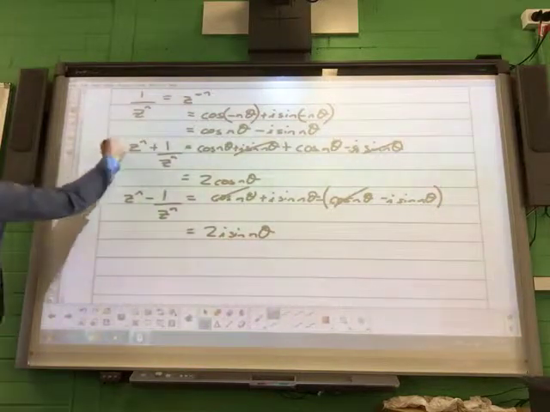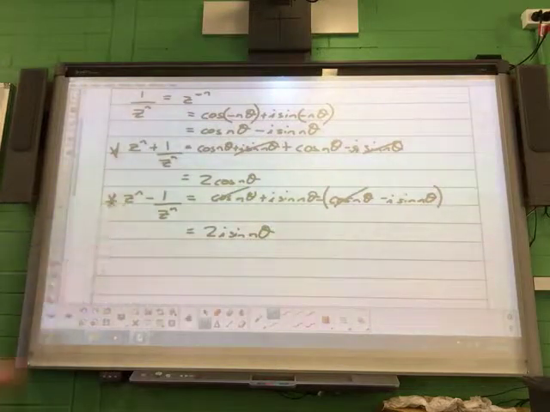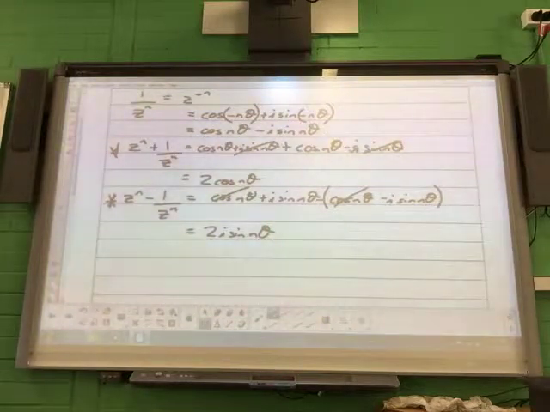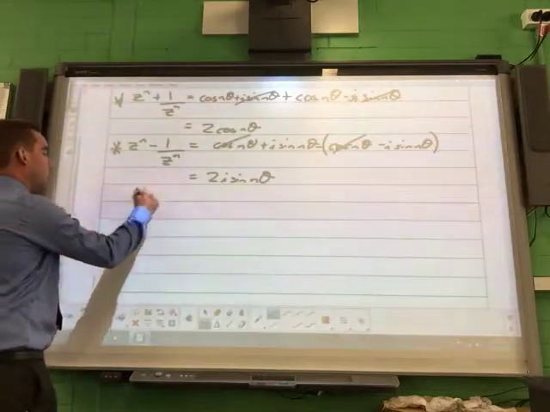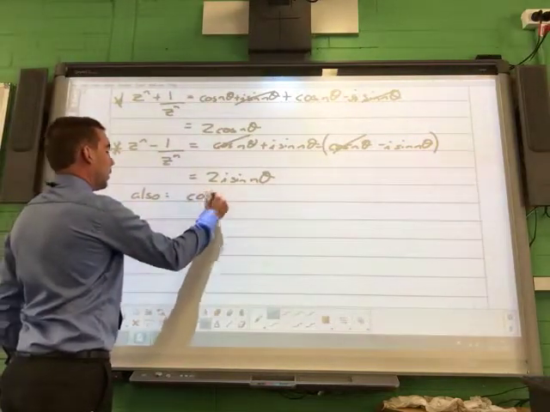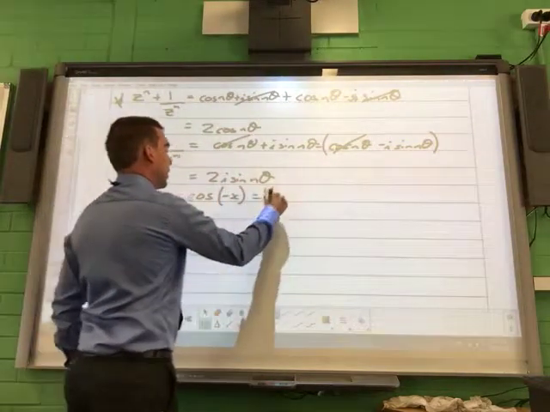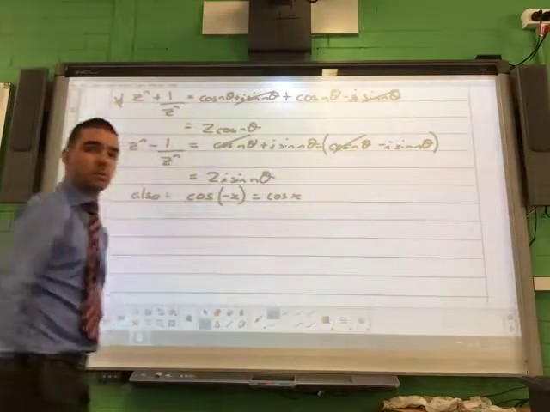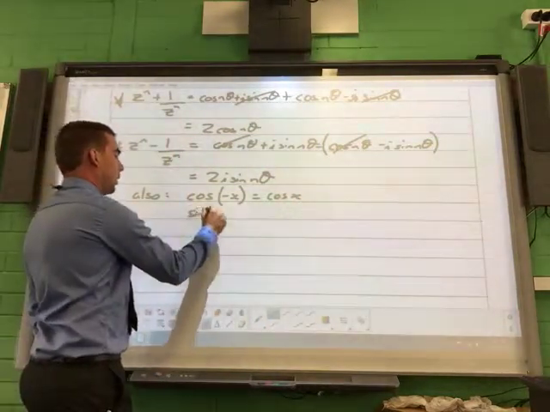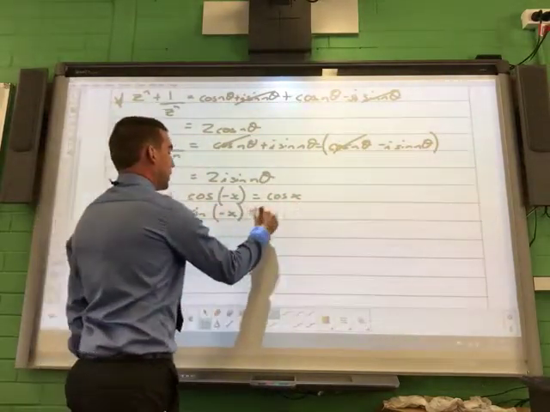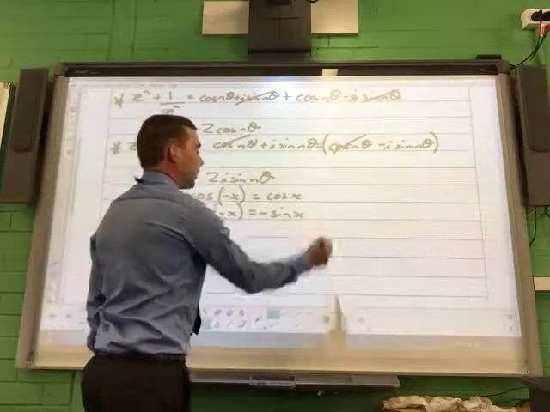So these are in your notes, okay? That's what you need to know. It's fairly straightforward to derive using de Moivre's theorem in your notes. And also the cos and sine for the odd and even functions. So cos of negative x is equal to cos of x, and sine of negative x is equal to negative sine of x.